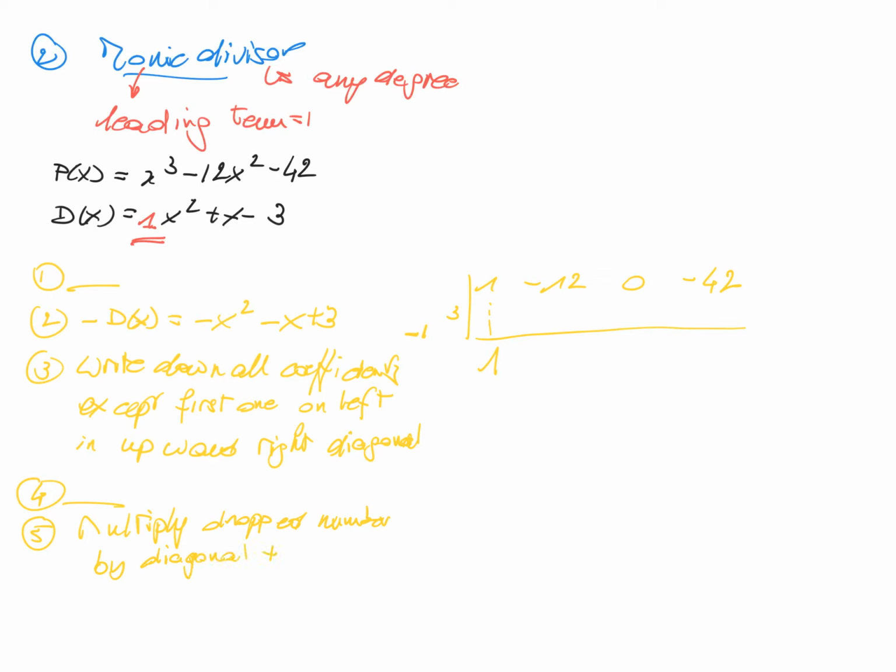And then next, if you have this multiplication, you place those entries again in a right diagonal, so place the resulting entries diagonally to the right of the dropped coefficient.